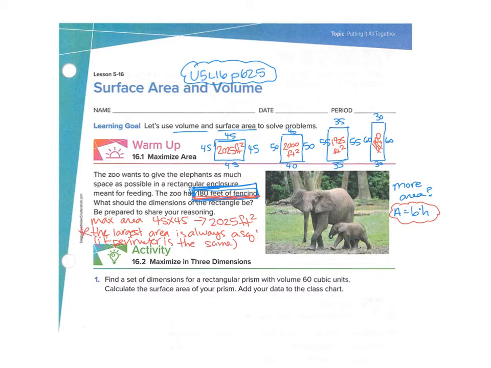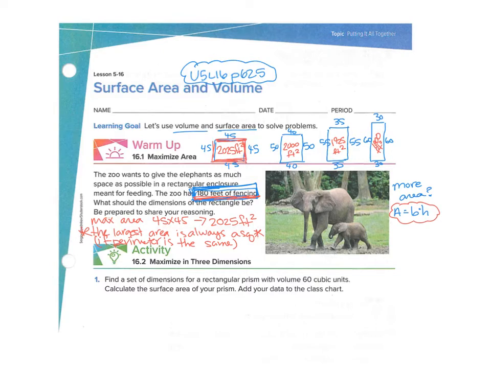So if your perimeter is the same, the dimensions around your rectangles are all the same, because remember, a square is a rectangle. A square is just a special rectangle where all the sides are the same. So if you're looking at a series of rectangles that all have the same perimeter, the square will always have the biggest area. So it's kind of a nice thing to know.